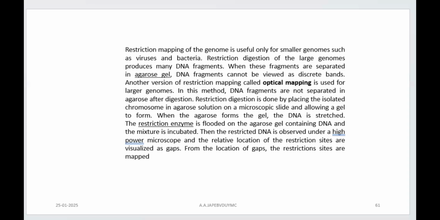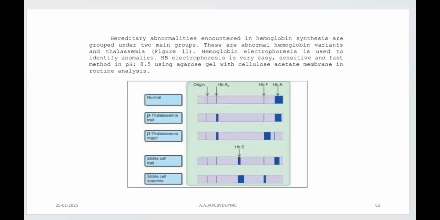Right, now here further we go about applications, right? So very commonly known diagnostic tools when you talk about biochemistry, electrophoresis is one of those, right? So here is the example which is showing the case of thalassemia, right? So hereditary abnormalities are there, maybe in the hemoglobin, for example, and there are two types when hemoglobin variants are there.